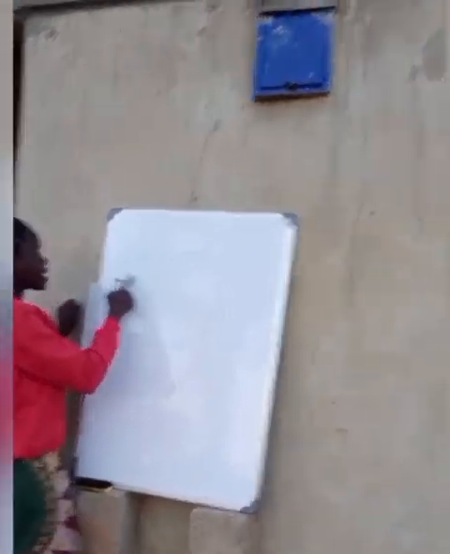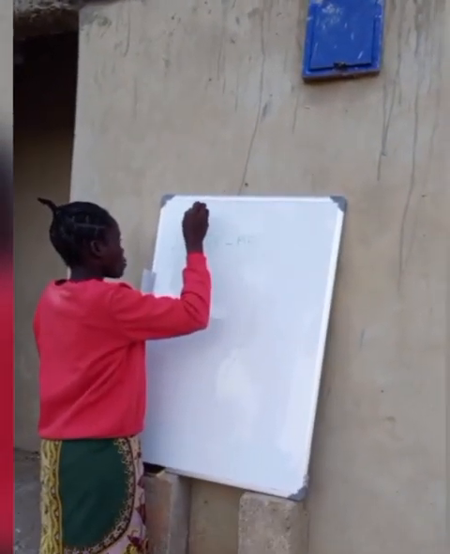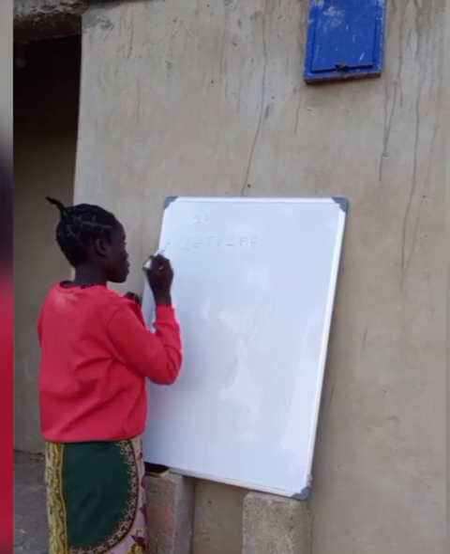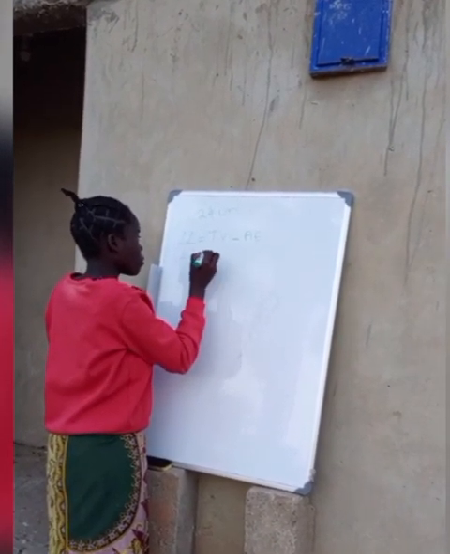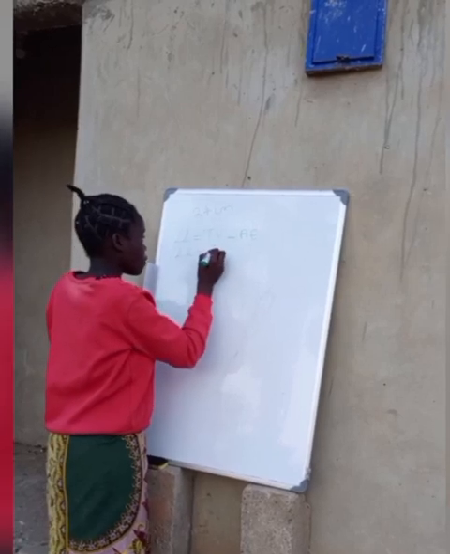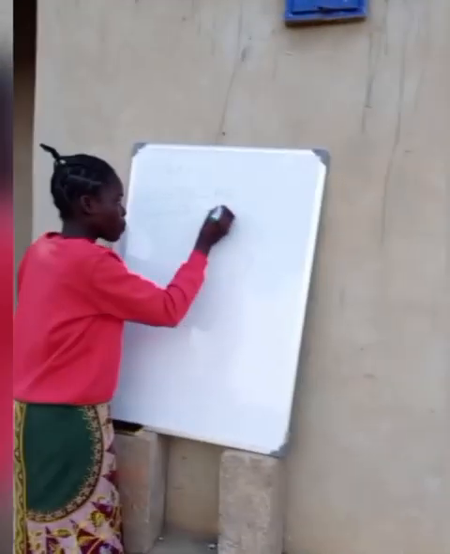Let's say for example we have the same 24. The lower limit is equal to the true value, 24, minus the absolute error that we found, which is 0.5.